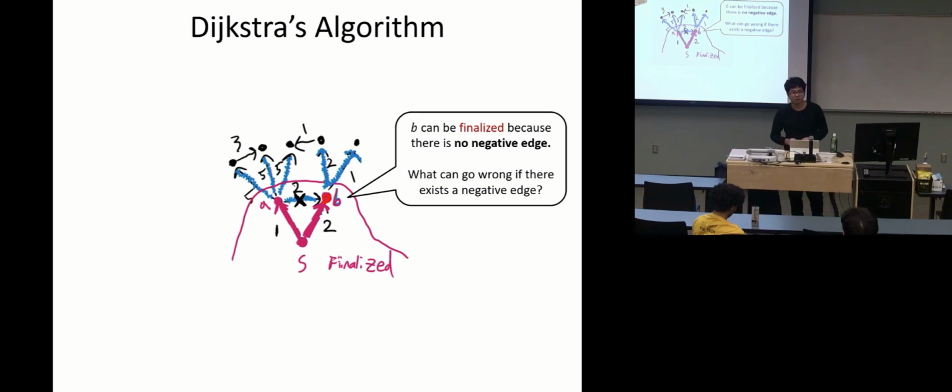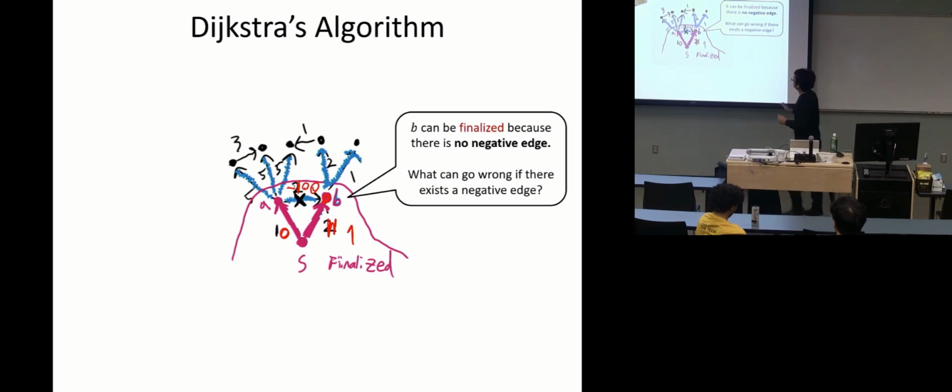So if the distance from S to B is, say, 1, the distance from S to A is say 2, and the distance from A to B is like -2, then the best path to B would actually be to go to A and then B. Let's say this is 1, and this is even 10, and this is 1 minus 100.